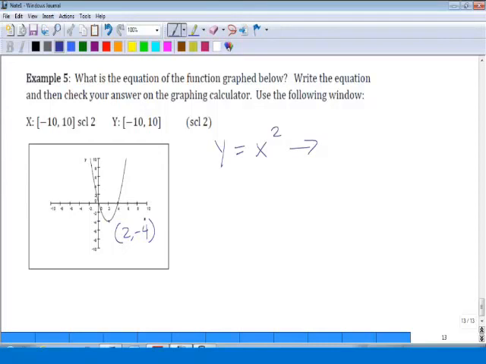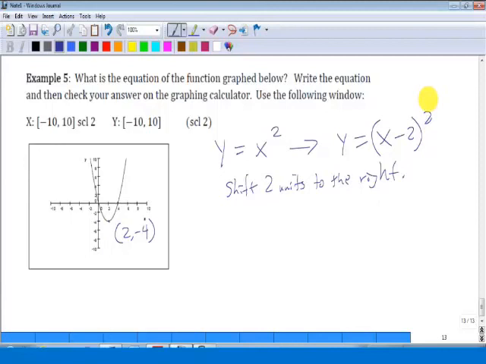So to go 2 to the right, shift 2 units to the right. It's going to be y equals what? x minus 2 quantity squared. Substitute x minus 2 for x.